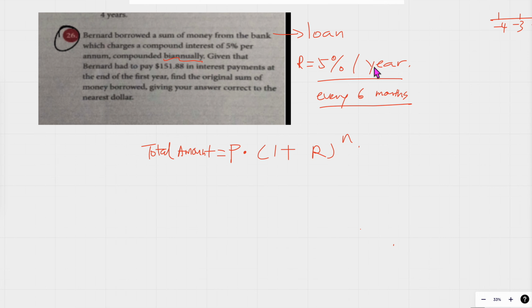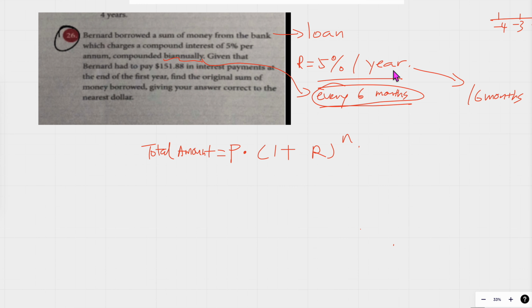So yes, the rate is 5% per year, and the compounding is every 6 months, right? So therefore, you need to get the 6 months rate. So 6 months, what's the rate?